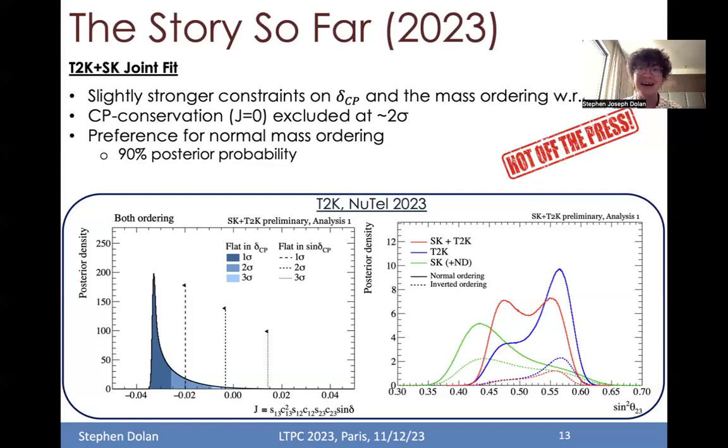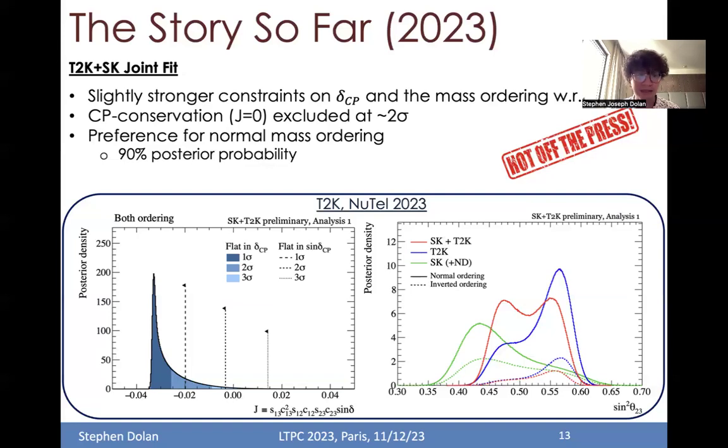So whether the large neutrino mass difference is between the two heavier mass states or the two lighter mass states. And we've got a tighter constraint on those things with respect to the T2K only analysis. We find that we exclude CP conservation within the PMNS mixing framework at about 2 sigma.